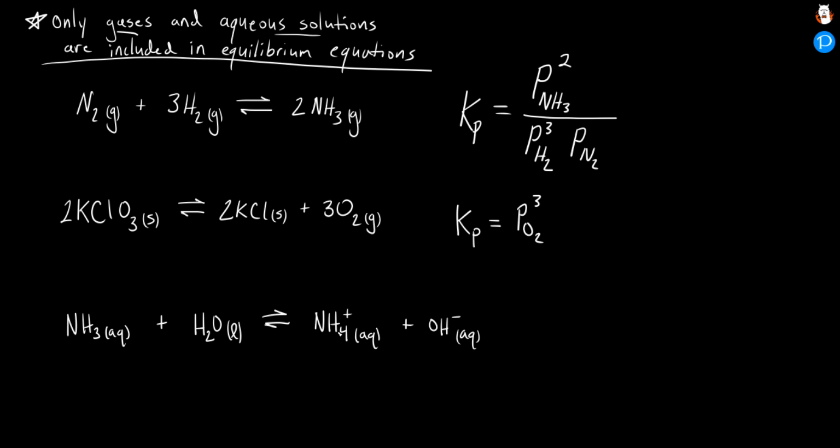For this last one here, we've got NH3 aqueous, liquid water, NH4 plus aqueous, and then OH minus aqueous. So I'm including these two and then the NH3, but not the H2O because it's a pure liquid, and pure liquids and solids are not going to be in my equilibrium expression. Also, these are aqueous solutions, so instead of pressure, it's going to be concentration. So Kc. On the top, I'm going to have the concentration of NH4 plus.